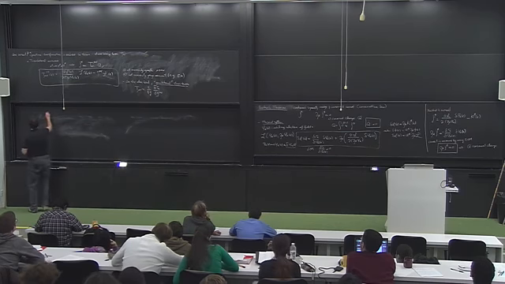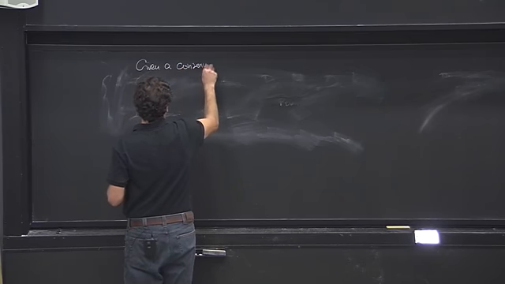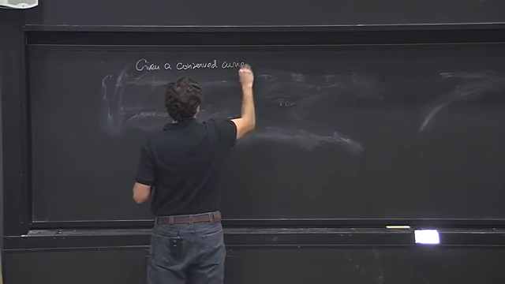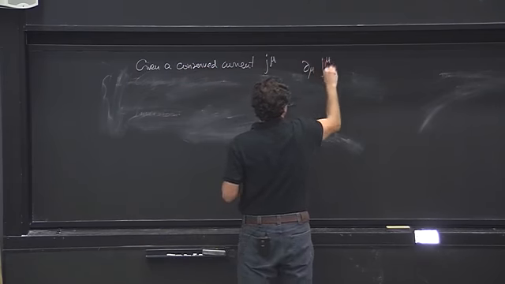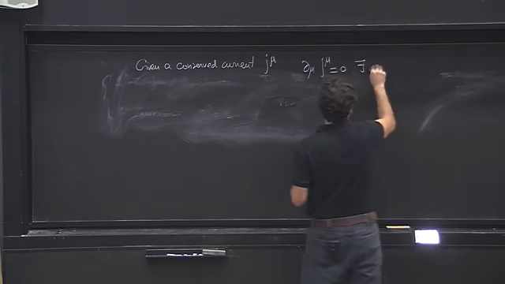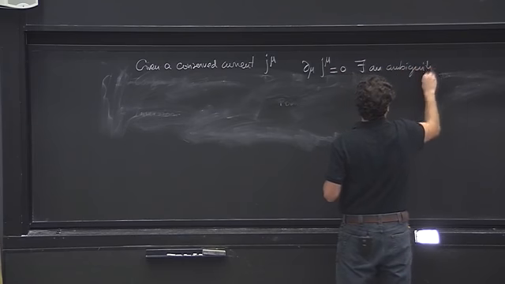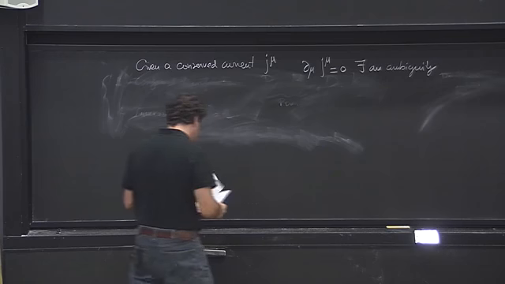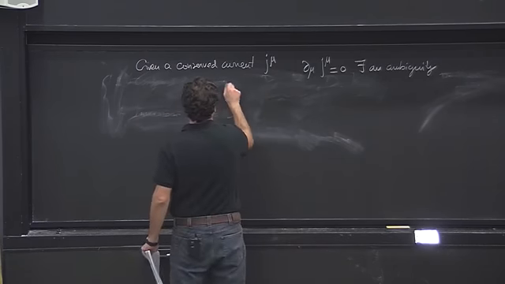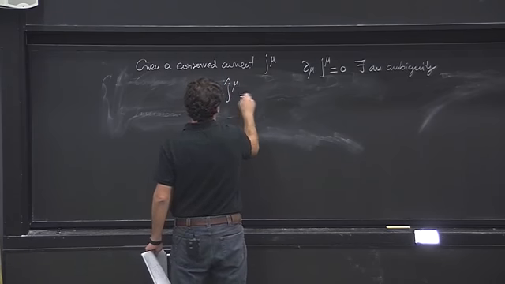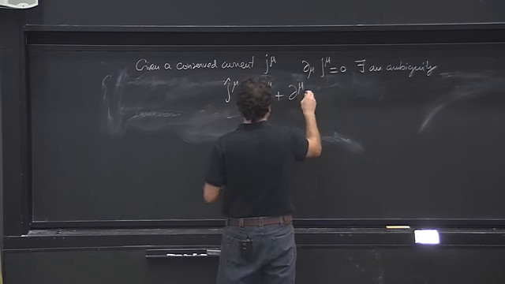Given a conserved current, there exists an ambiguity, because I can define a new current, J hat mu, which is the original current plus something which is a total divergence.